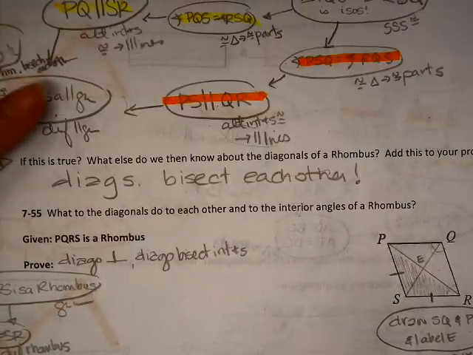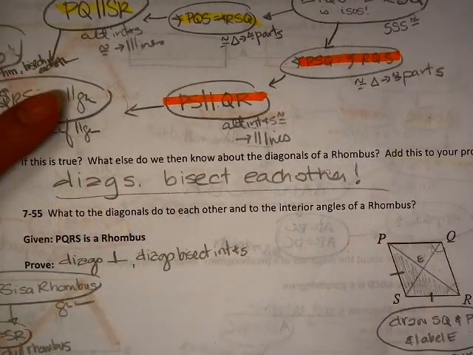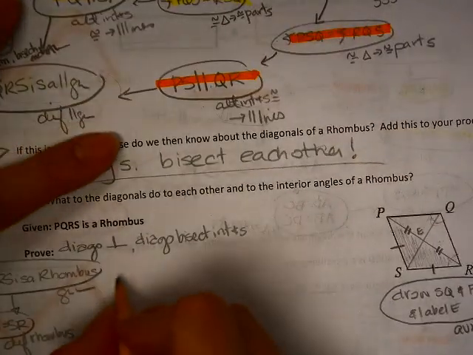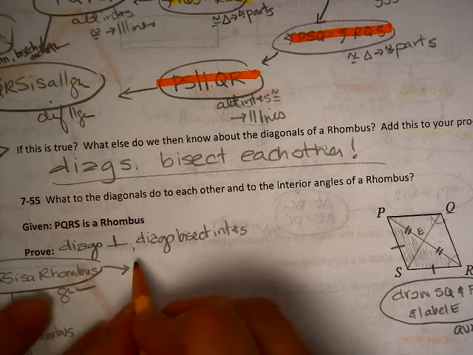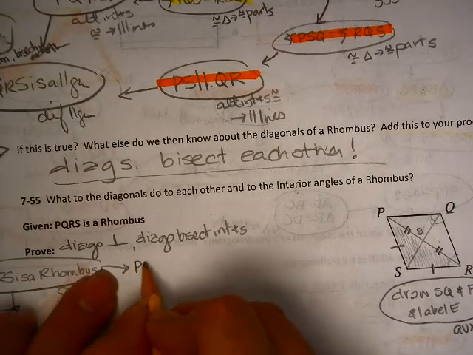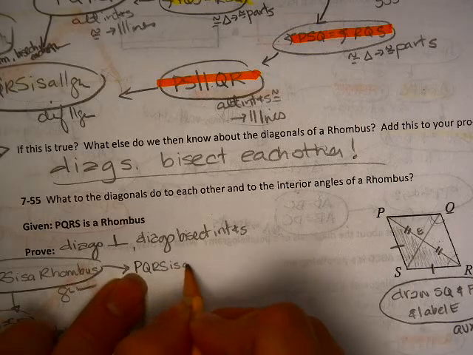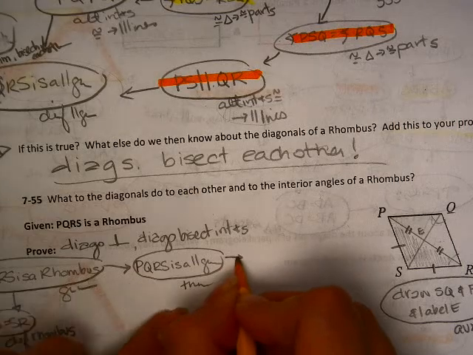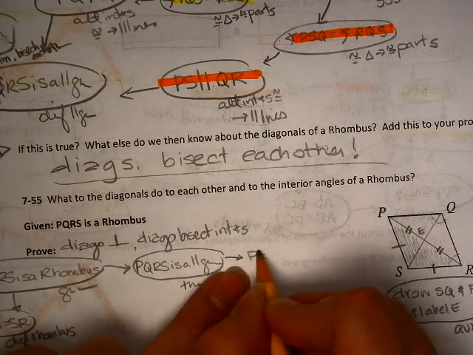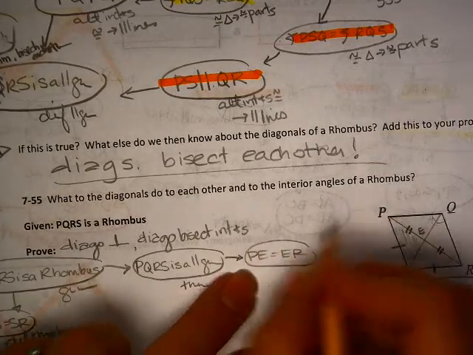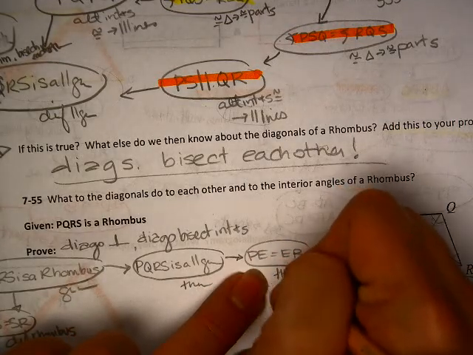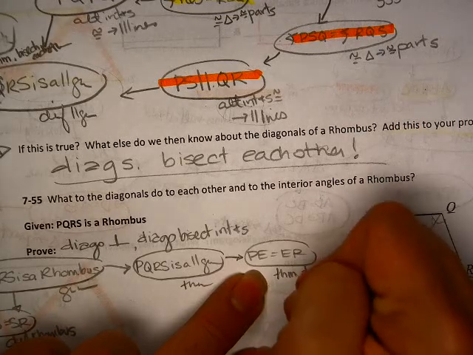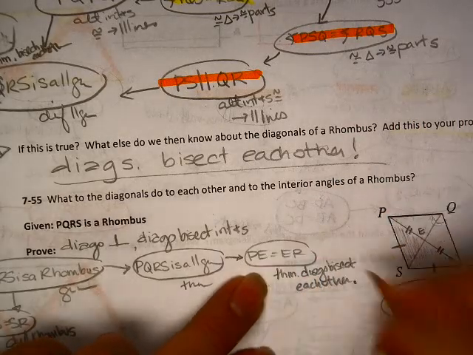What I have just proven is that the diagonals bisect each other, so I can get these guys equal to each other. So let's see, I know it's a rhombus, which means PQRS is a parallelogram, which means that PE is equal to ER because diagonals bisect each other.